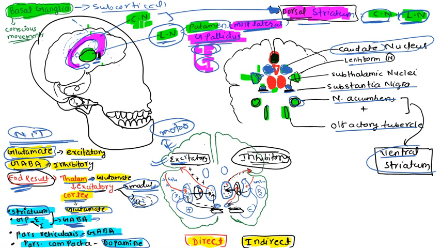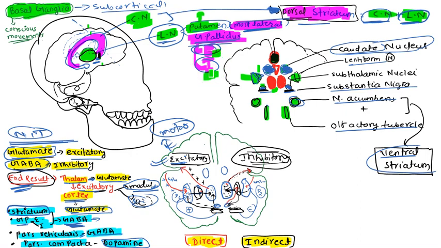Along with the caudate, the lentiform nucleus further consists of the putamen and globus pallidus. The putamen is the most lateral structure, which is darker in color, and then the pallidus, which is pale in color, is located medially, and the globus pallidus is further divided into globus pallidus externus and globus pallidus internus.